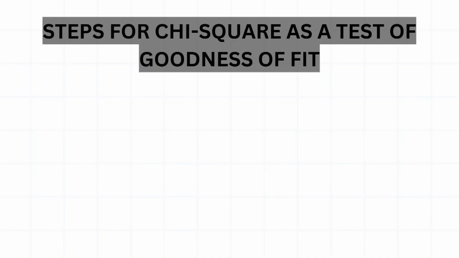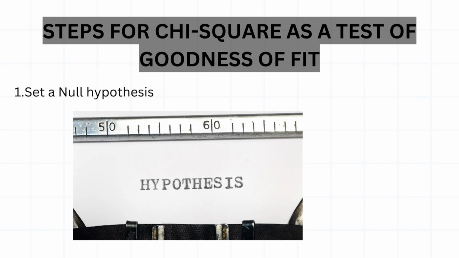Now, let us understand the different steps for chi square as a test of goodness of fit. So, what are the steps for computation of chi square as a test of goodness of fit? First is to set a null hypothesis. Usually in any kind of inferential statistical test, we set a null hypothesis.